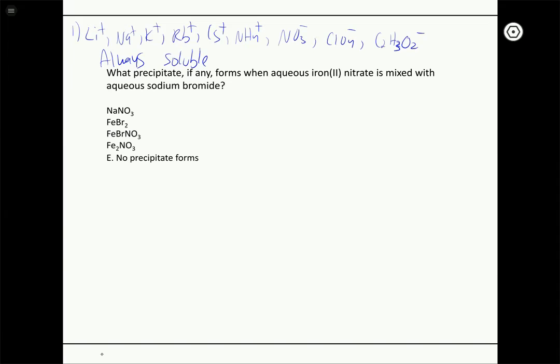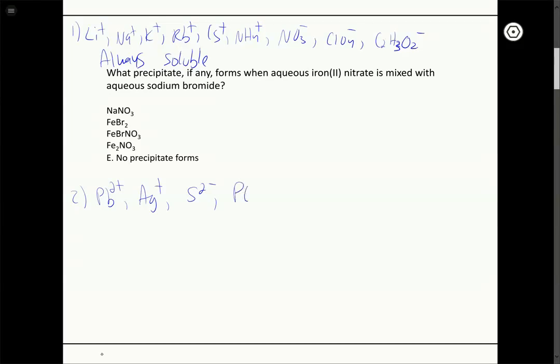And then the other rule that's helpful to know is that if you have lead 2 plus, silver plus, and then the anions S2 minus, sulfide, PO4 3 minus, which is phosphate, and the last one is going to be carbonate, CO3 2 minus. If you have one of these ions in your compound, these are going to be insoluble.